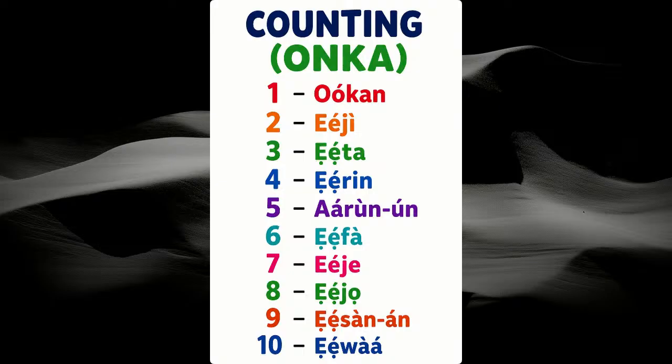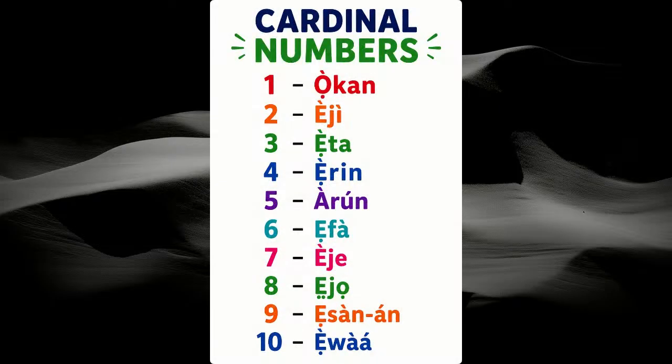But if I want to say the number itself, one is ọ̀kan, two is èjì, three is ẹ̀ta, four is ẹ̀rin, five is àrún, six is ẹ̀fà, seven is èje, eight is ẹ̀jọ, nine is ẹ̀sán, 10 is ẹ̀wá. This is the actual name of numbers in Yoruba.